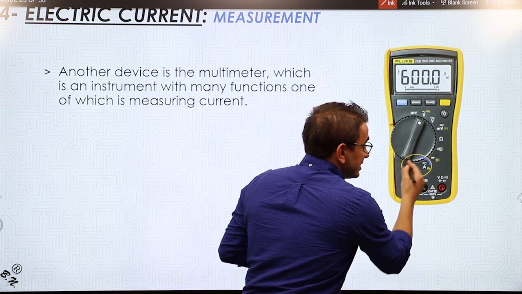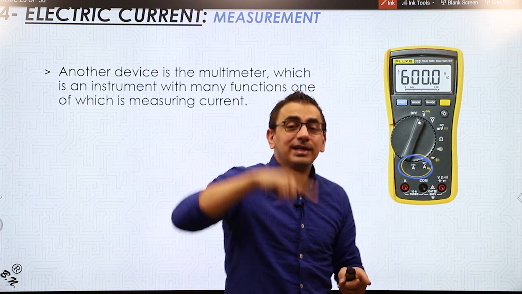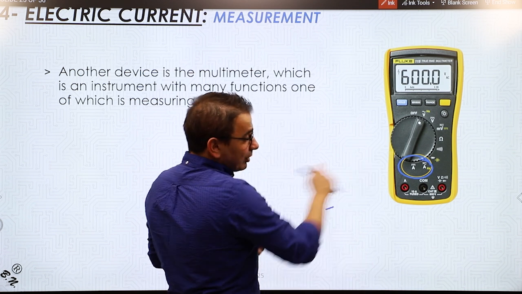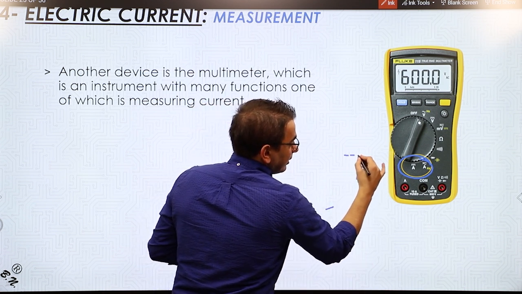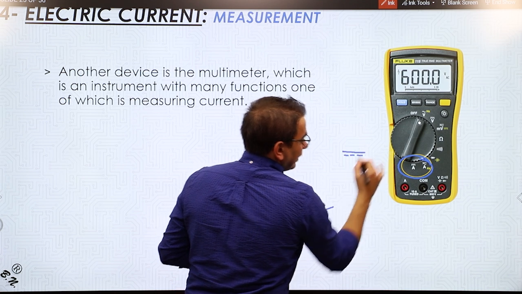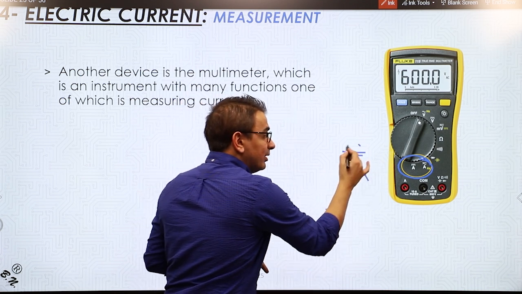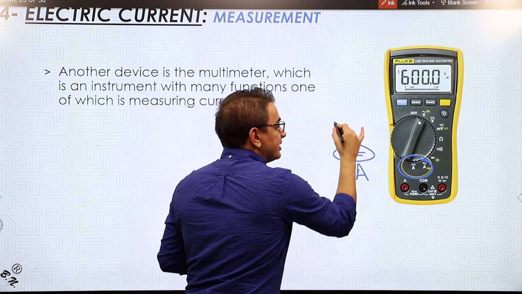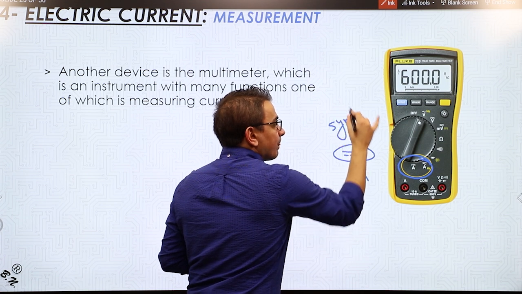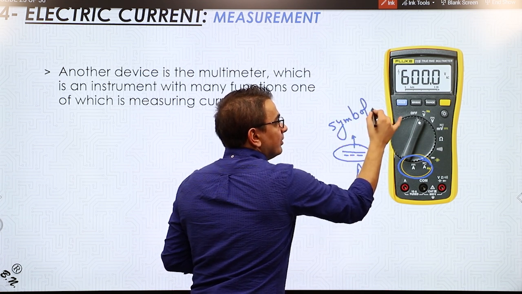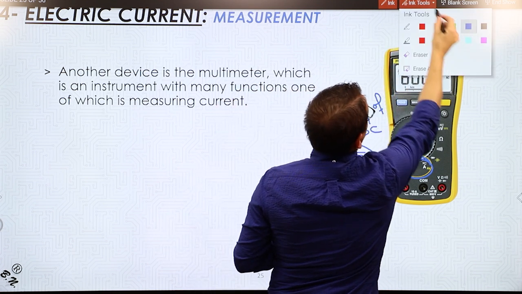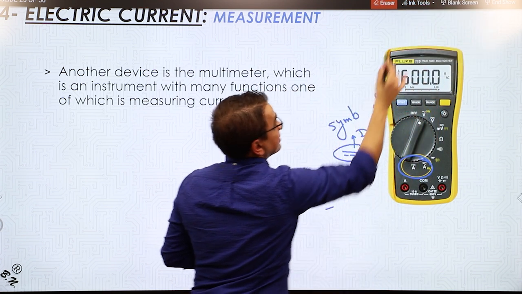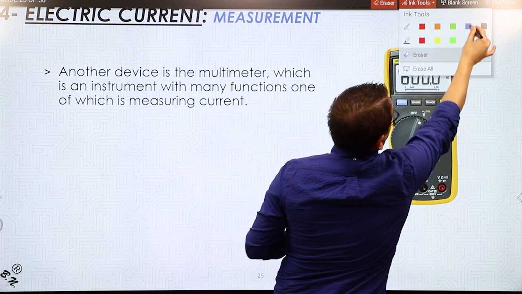We choose the part showing the letter A. By the way, if you look closely, you will find A, and above it lines, dashes, and one line like this. This symbol is the symbol of DC. Okay, so this is the symbol of DC. Let me just fix this.